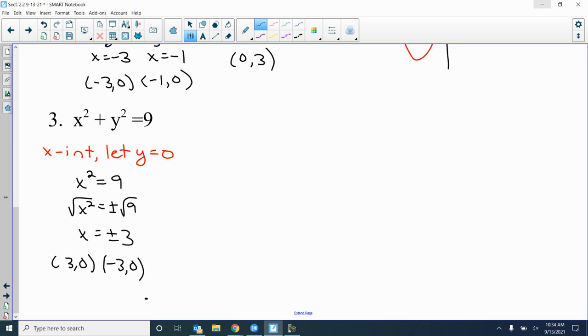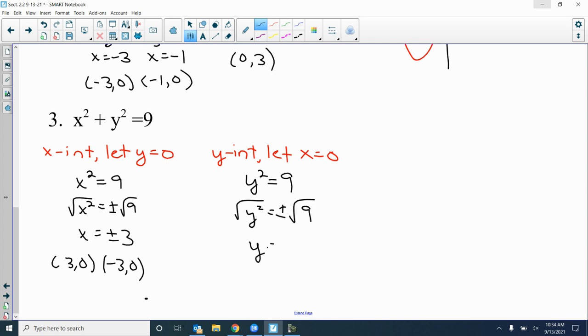All right, y-intercept. Let x equal 0. And then that just gives me y squared equals 9. What do I get for that? Plus or minus 3. Same thing, square root of y squared, plus or minus square root of 9. y equals plus or minus 3.